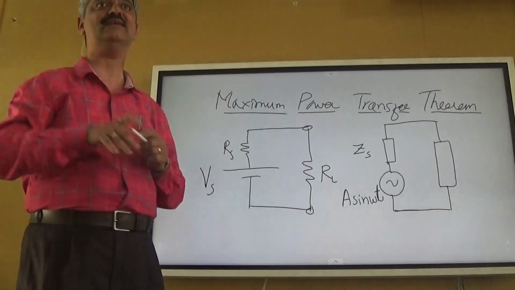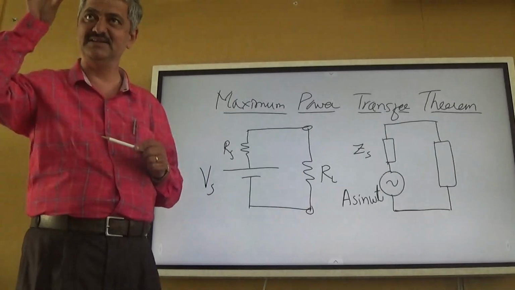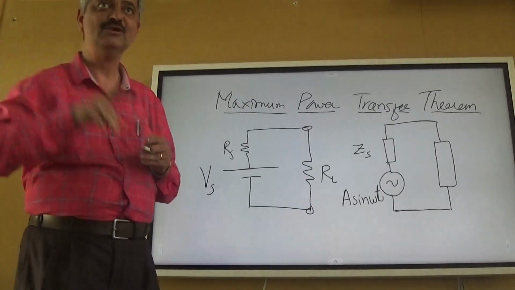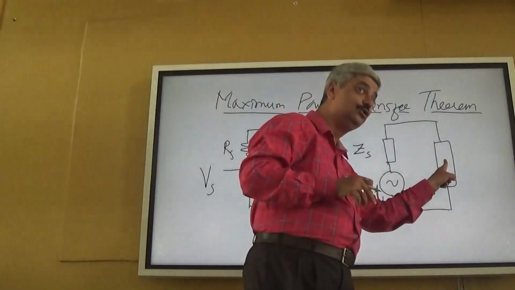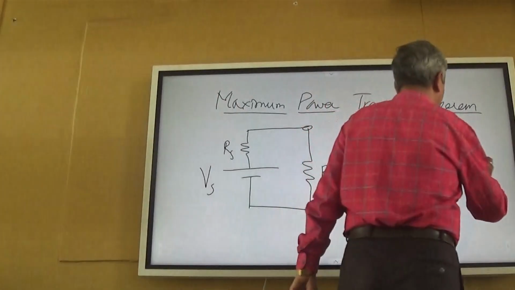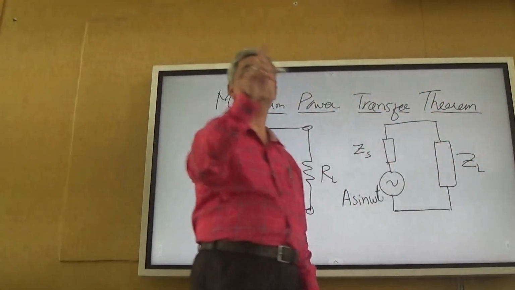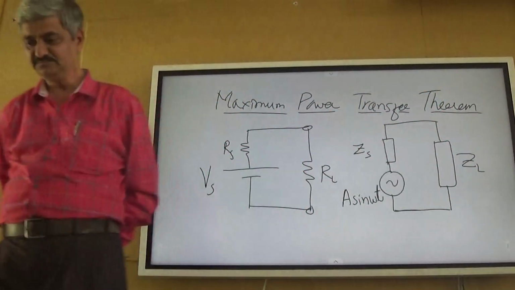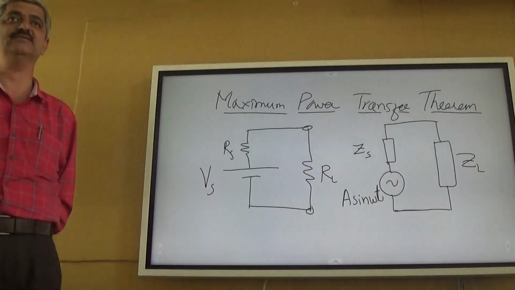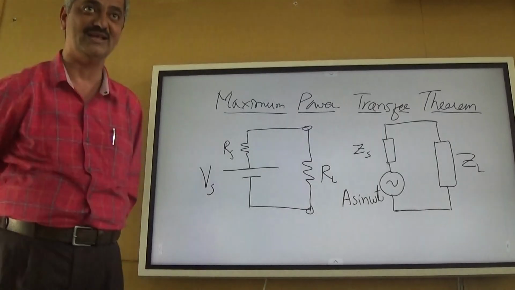In general, the theme is that we can have either an inductive load, or a capacitive load, or a resistive load, right? So the load is not shown as resistance; it is load impedance, ZL. Now you state the maximum power transfer theorem for this case. Let us see how effectively you can state.